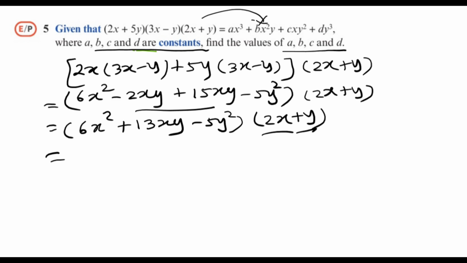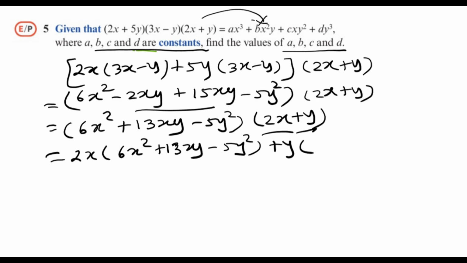Okay, next step is 2x multiply with the bracket, which is 6x squared plus 13xy minus 5y squared, plus y multiply with the bracket 6x squared plus 13xy minus 5y squared.